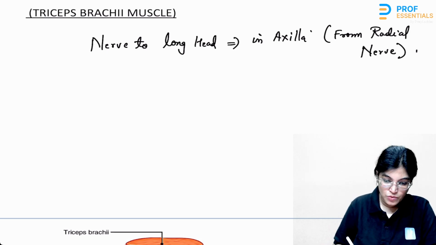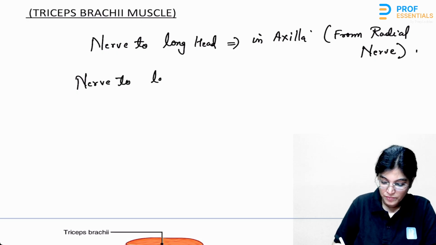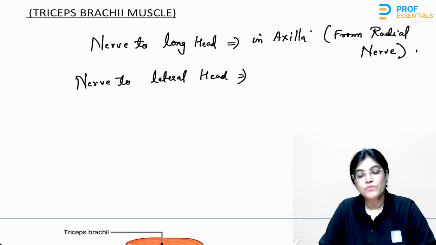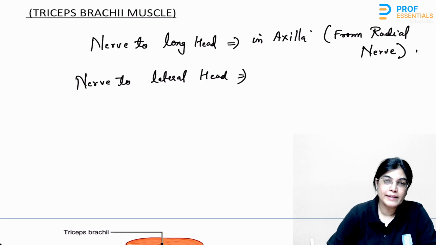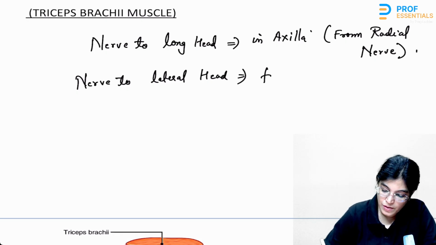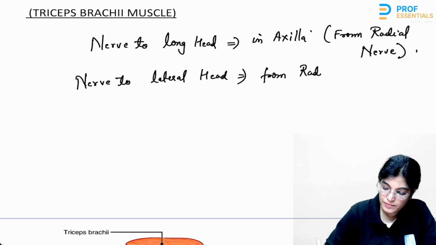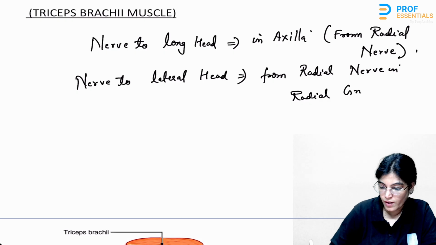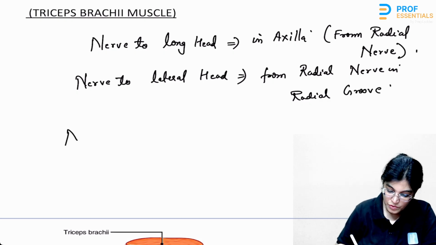Now coming to the nerve innervation to the lateral head. If I talk about innervation of the lateral head, it also arises from the radial nerve in the radial groove. And the nerve to the medial head.